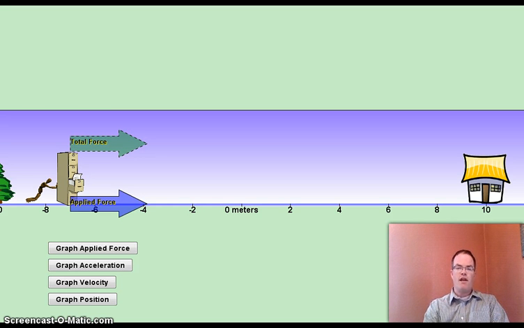There's no friction on this particular run. Let's take a look at what happens as he pushes, and then he stops pushing, and then he starts pushing in the opposite direction. Let's see it.